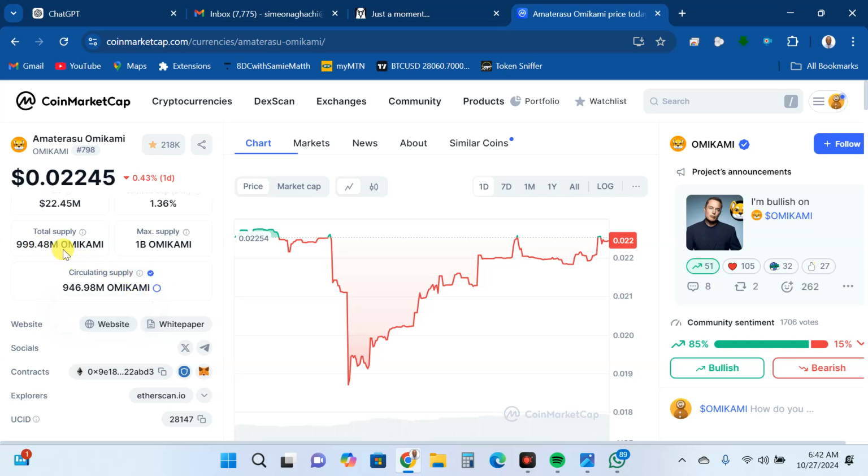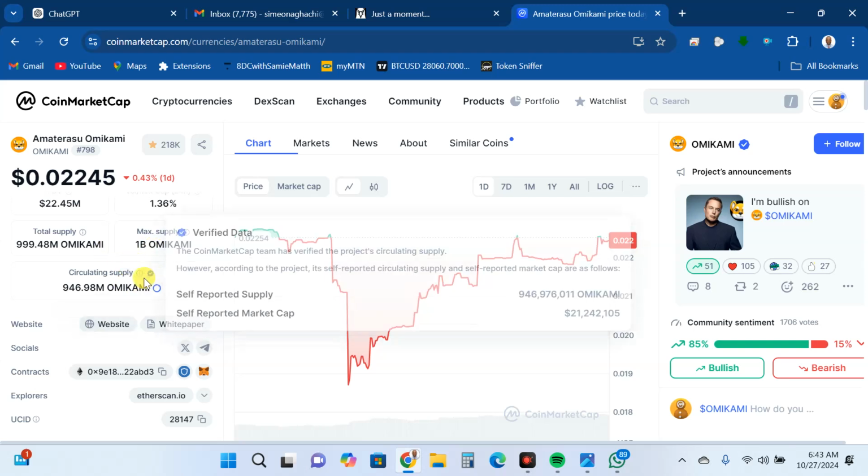So it means there are some tokens that are locked here, probably charity, community, a team, something. There are some tokens that are locked, just very little. You can see that this is very little. So a project where this and this are almost the same is a very strong project. I mean, very, very strong. But this is what brought us here.